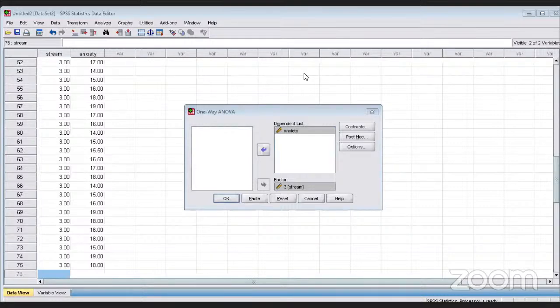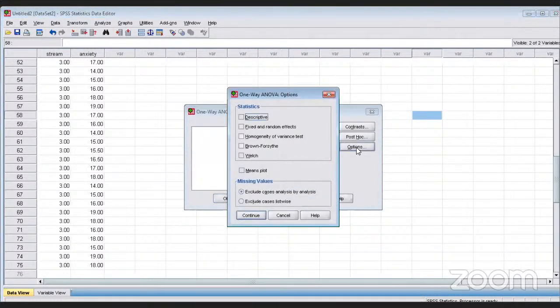SPSS is very, very, very big, so you can have as many cases as you like, no problem. Now, after this, you see the option. In option, you have descriptive, means mean and standard deviation.